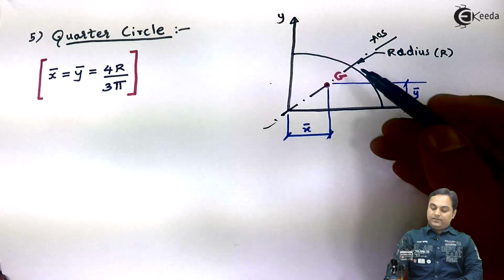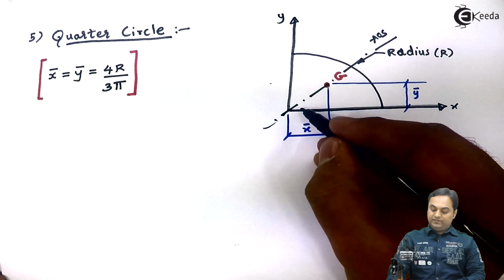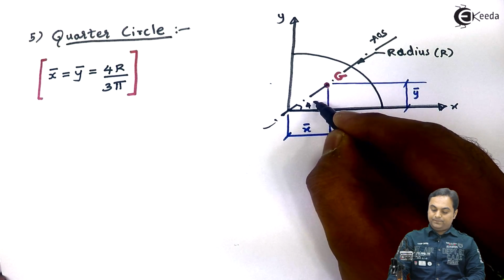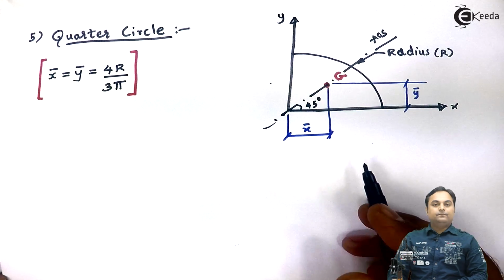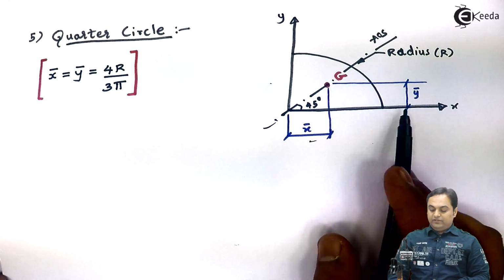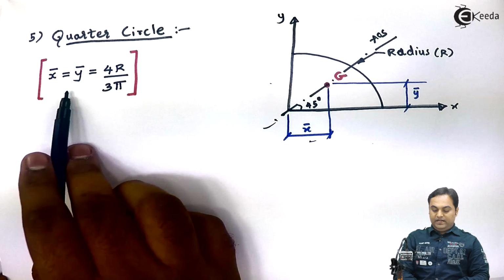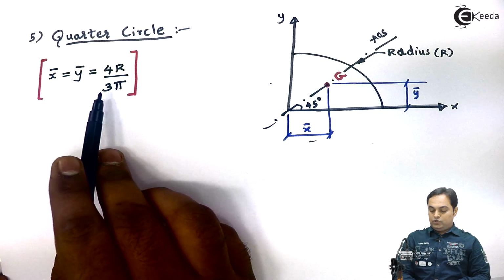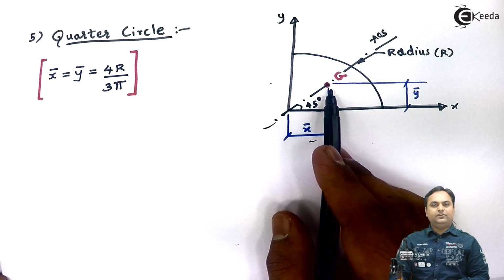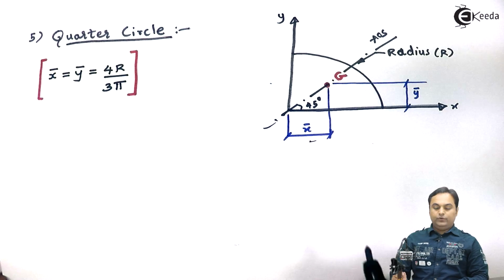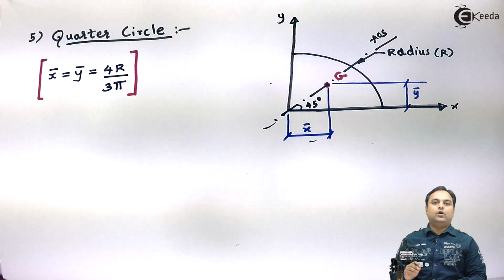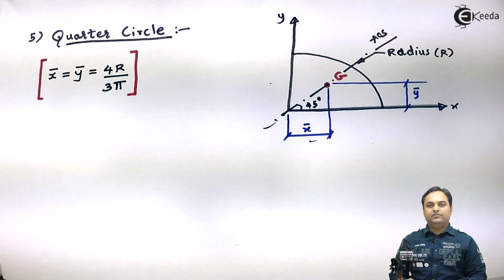So for a quarter circle, the axis of symmetry is at 45 degrees, and the x bar, y bar values are both the same, they are 4r upon 3 pi. So in this way we would be locating the centroid for a quarter circle. In this video we have seen how to locate the centroid for some of the plane figures.